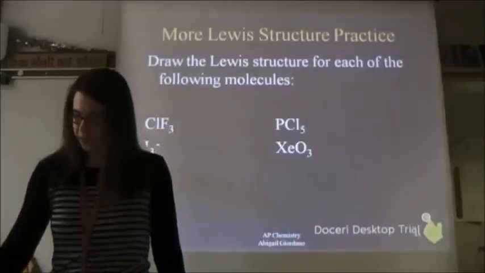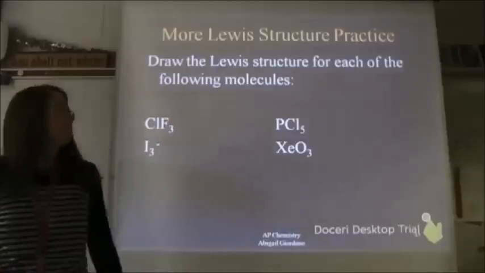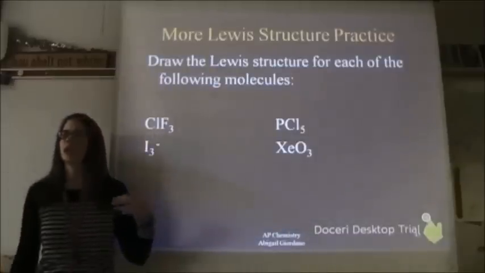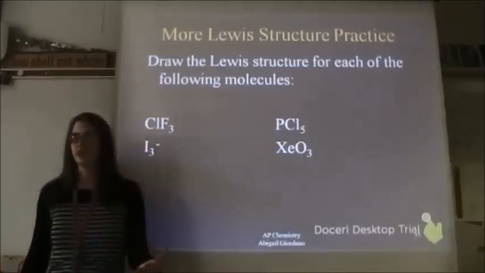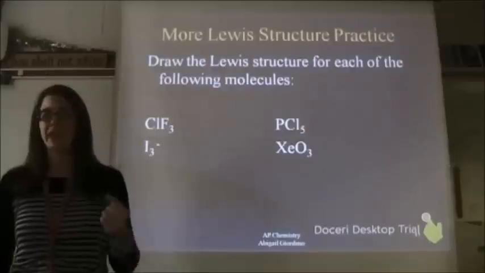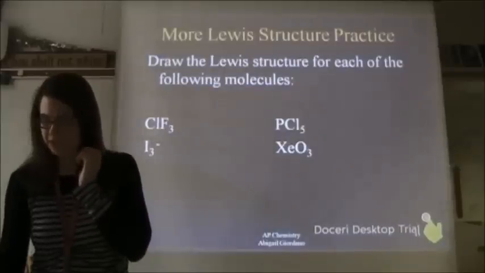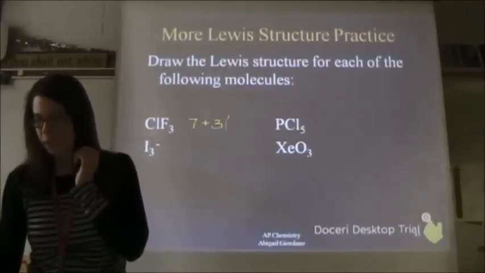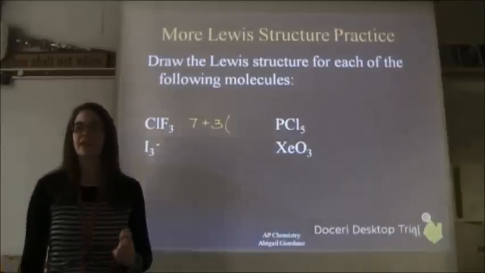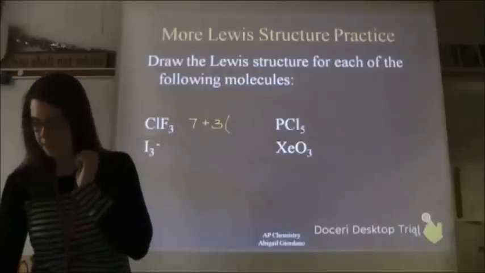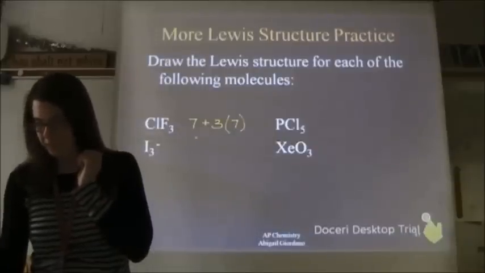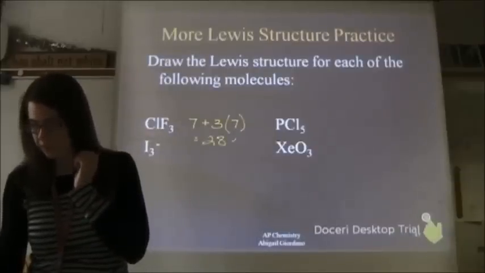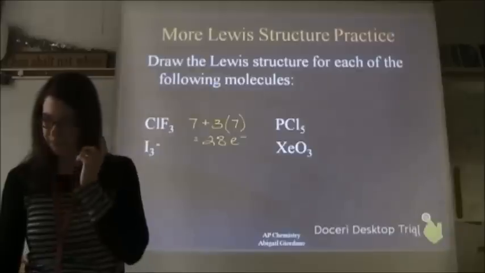Let me change colors here. Let's tally up our total electrons. Chlorine has how many valence electrons? 7. There are 3 fluorines. Each fluorine has 7. So that's 28. How many pairs is that? 14.